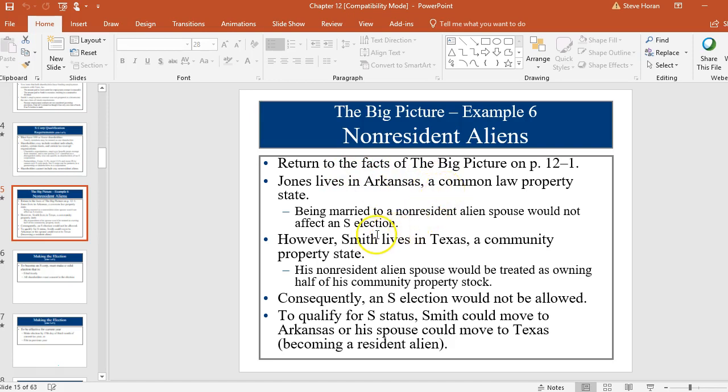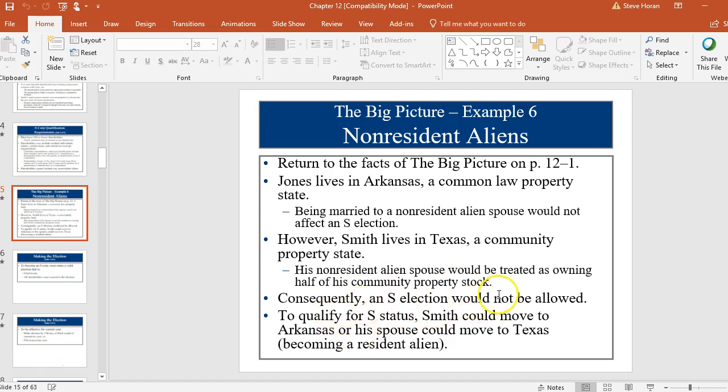Okay. Smith, though, lives in Texas, a community property state. His non-resident alien spouse would be treated as owning half of his community property stock. Okay. So essentially the law says because they're married and because it's a community property state, his non-resident alien spouse owns half the stock, essentially.